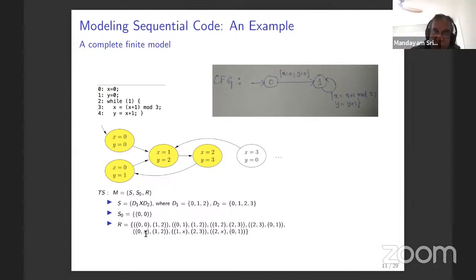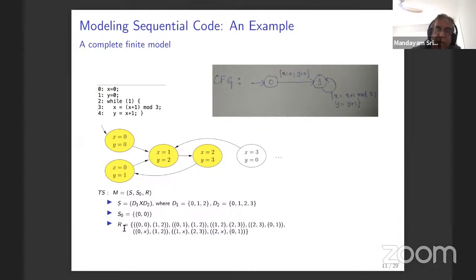So I'm defining it the same way as mod. From x equal to 3, it'll go back to mod. That's how I'm defining it: R has to be defined as a total relation.